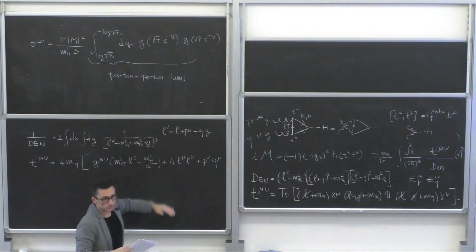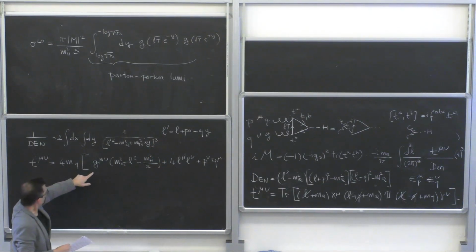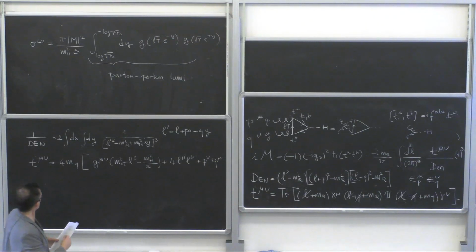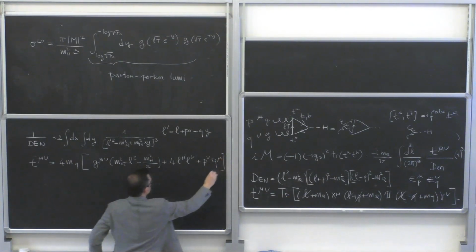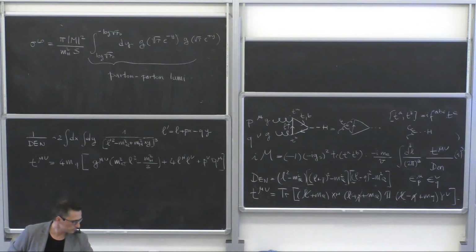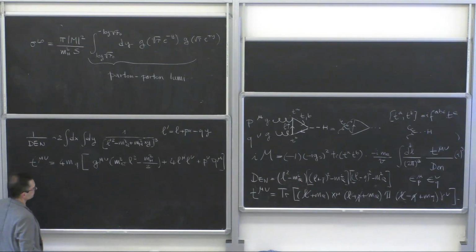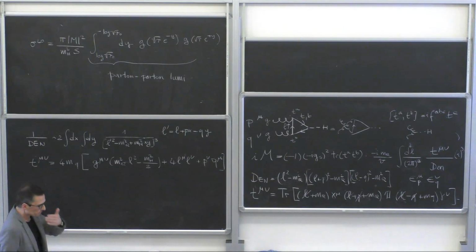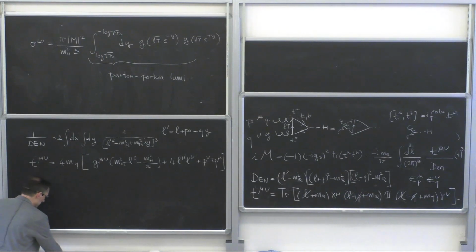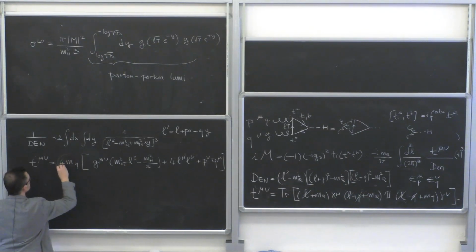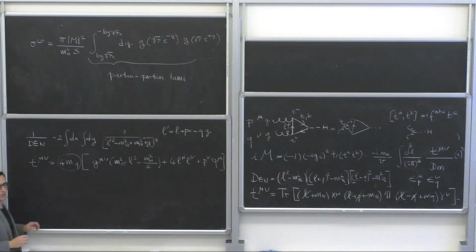I'm doing it later, okay? So I get this form here. So it's a tensor. And you see that the thing I'm really interested in is this term here. The whole trace is proportional to the mass of the fermion which is running in the loop.